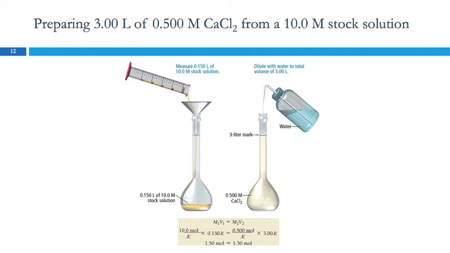Here's an example of making a diluted solution. So here they're making 3 liters of 0.5 molar calcium chloride from a 10 molar stock solution. So if we want to do the calculation to see how much we would need with M1V1 equals M2V2, that's molarity 1 times volume 1 is equal to molarity 2 times volume 2.